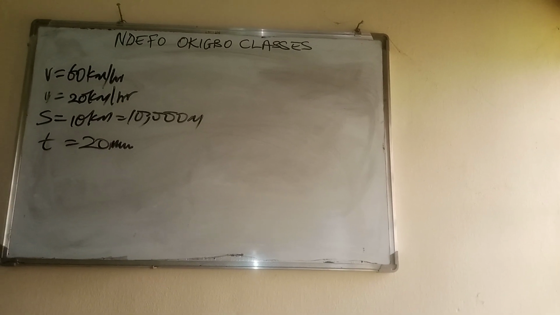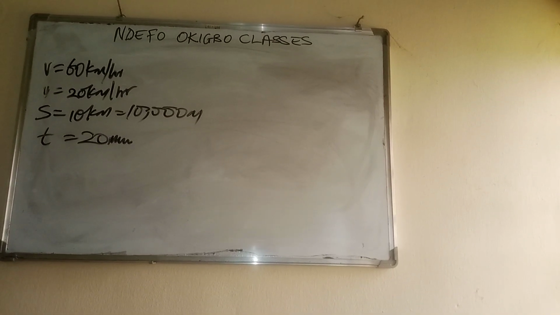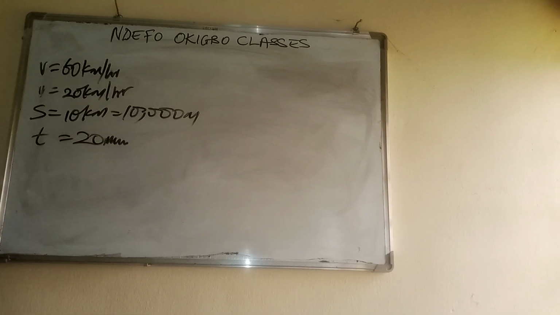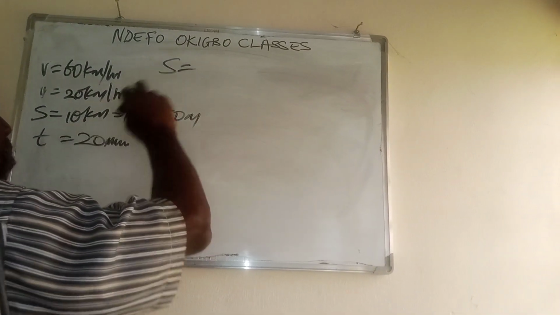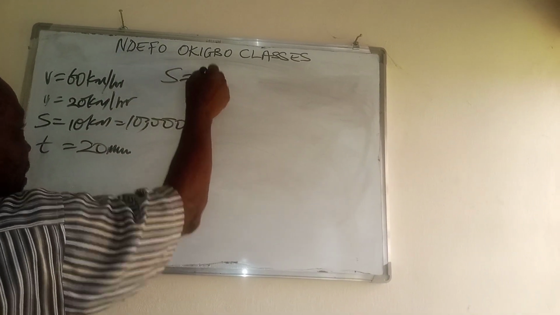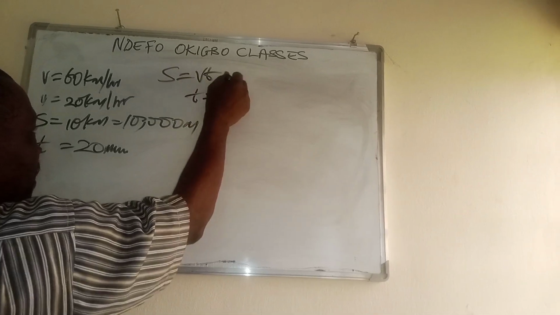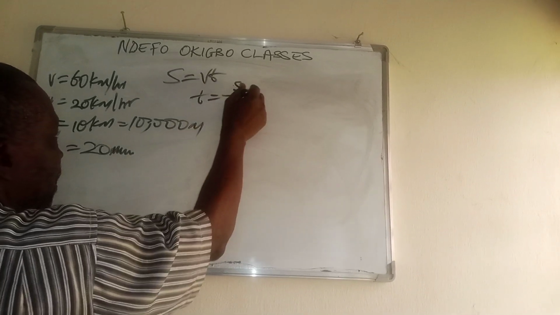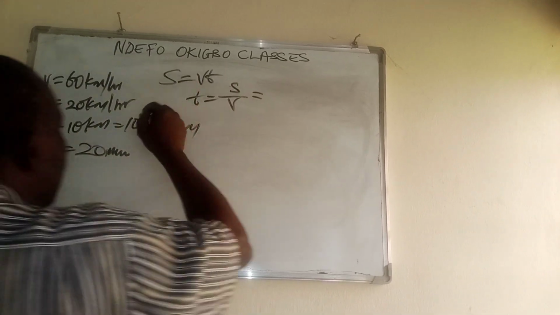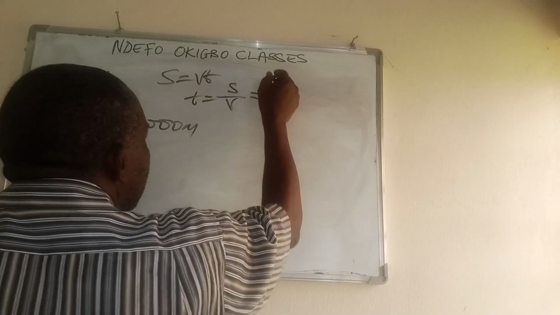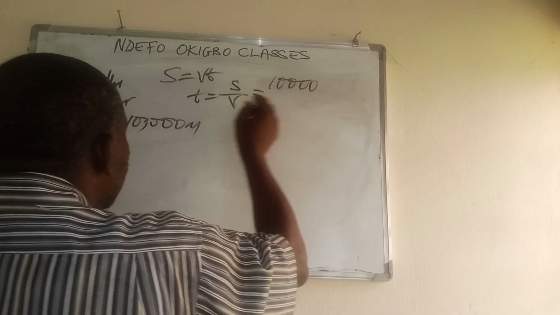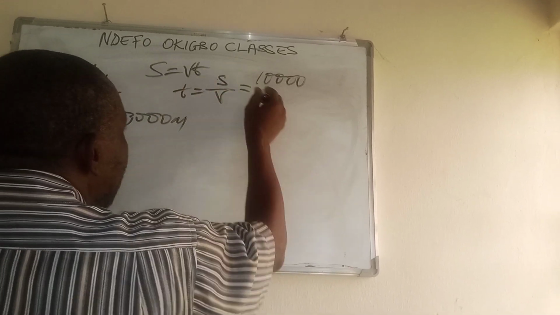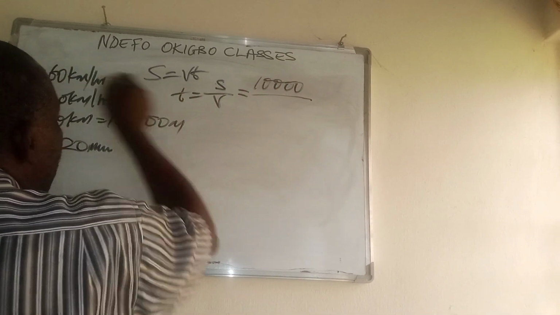First, we get the time of the vehicle going to the site. We know that displacement is velocity times time, which means time is equal to displacement over velocity. Displacement, that's distance, is 10,000, divided by velocity.